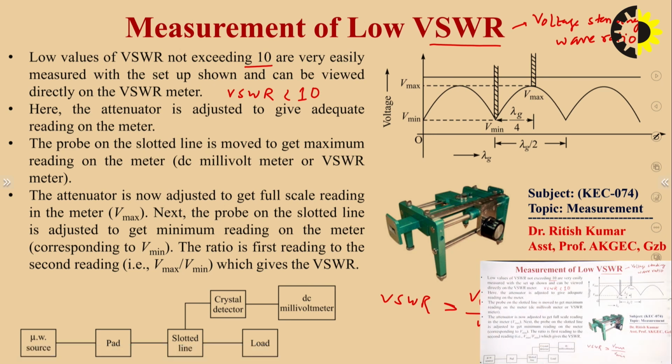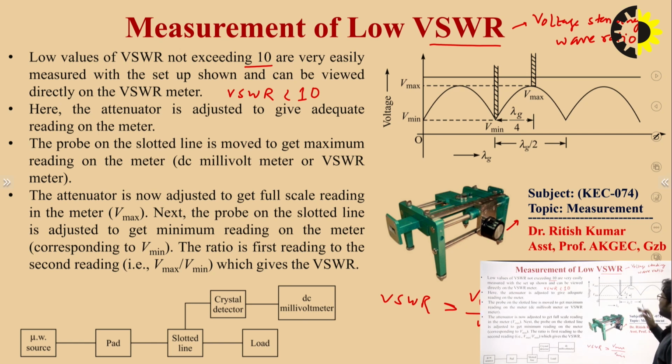We have to adjust the attenuator in such a way as to get the minimum voltage over the waveguide. You have to move this knob in a particular direction, that is, the forward direction. You will get a pattern like first the voltage maxima, then minima, maxima, minima.